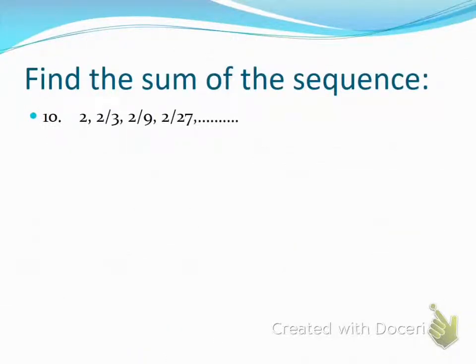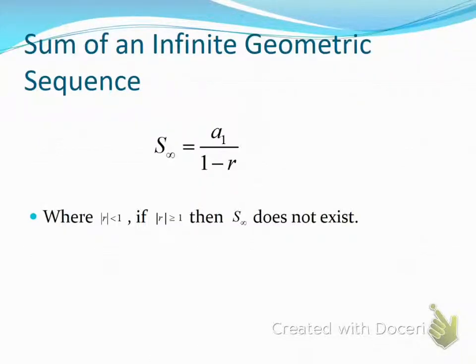So find the sum of this sequence. Well, first of all, check your ratio. 2, 2/3, 2/9, 2/27. What's your ratio? 1/3. And we just saw that the sum is simply the first term divided by 1 minus r.